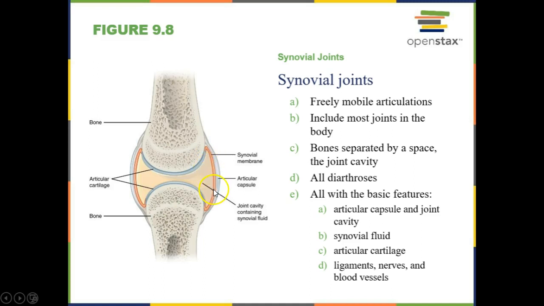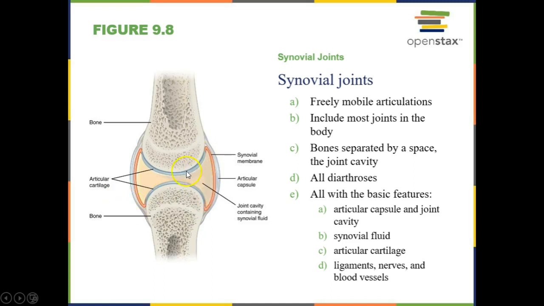The cellular layer is what produces the synovial fluid, and the synovial fluid then fills this capsule and protects the bones. So it acts as a shock absorber, but it also nourishes the cartilage, because cartilage in your synovial joints does not have a perichondrium around it.